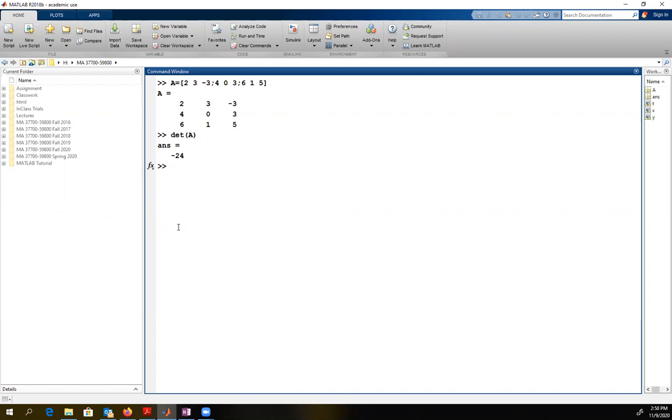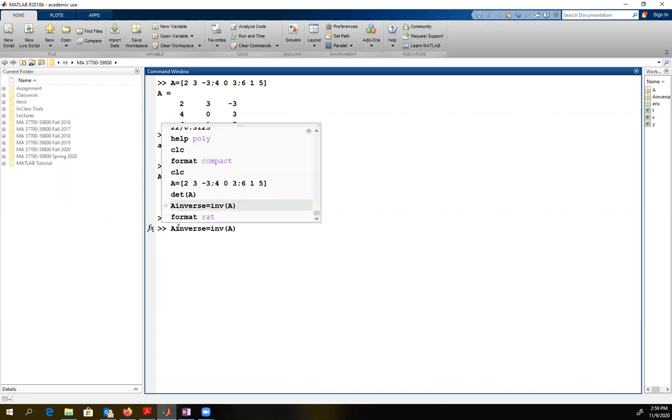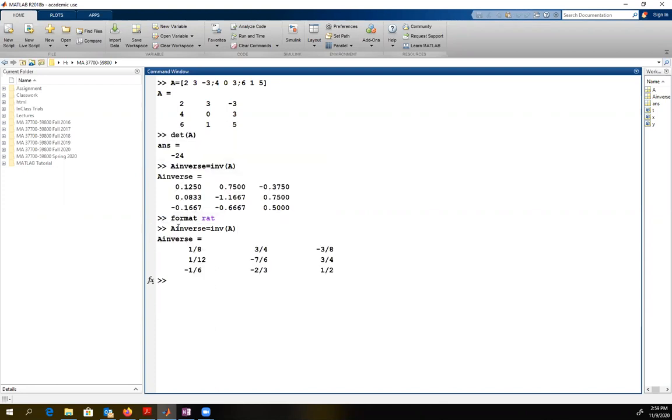So in this case, for example, we can compute A inverse, the inverse of this matrix A, and it exists in MATLAB. Of course, the numbers are in decimal representation. I can change that. So let's use the rational format, and I'm going to redo this. This is the inverse of our matrix. You can compute inverses as well.